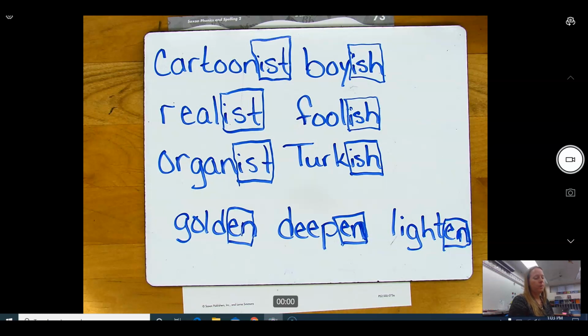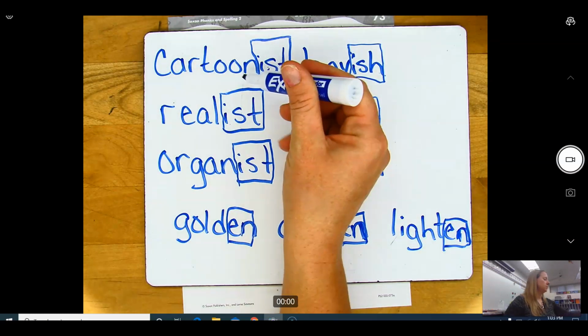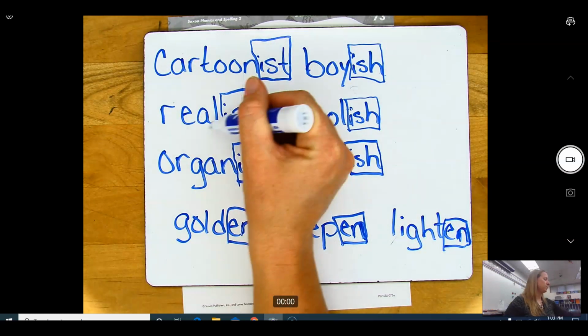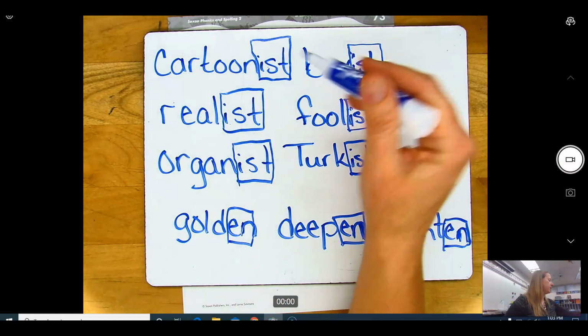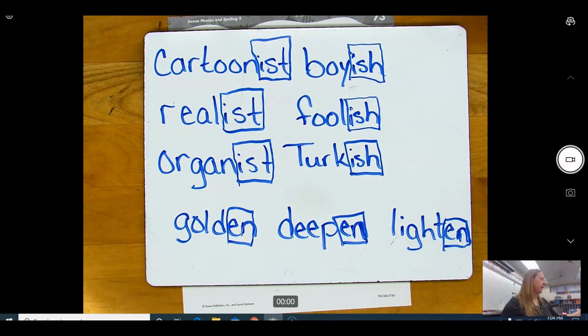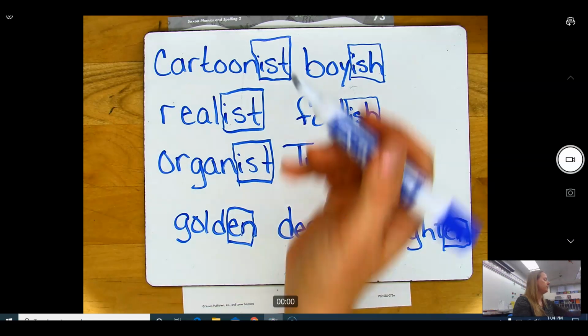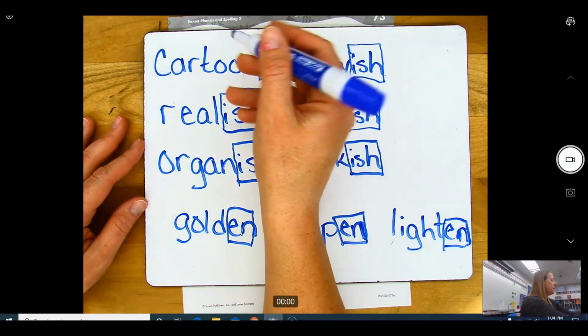Right, so we must always make sure a root word is left. Who can tell me the root words? Cartoon, this is the root word. It's the word in front of each of the suffixes. So each of these has a root word in front. So let's go ahead and code these root words so we can figure out how to say them.